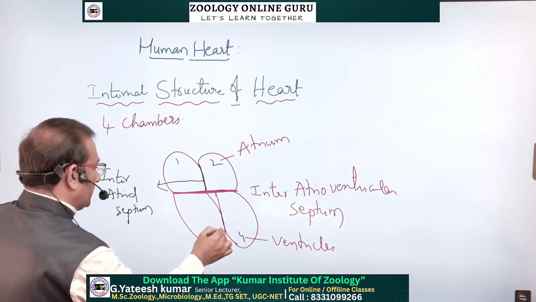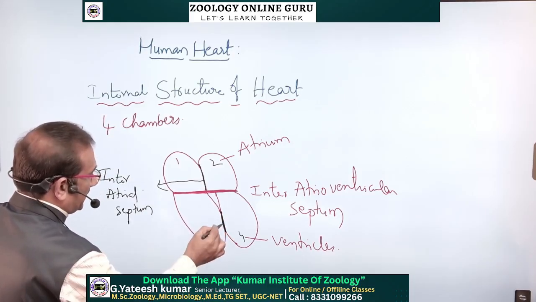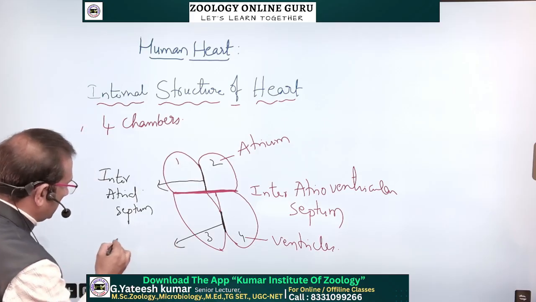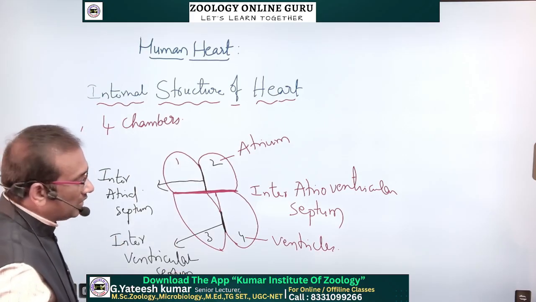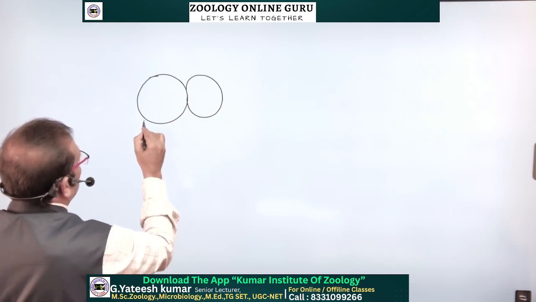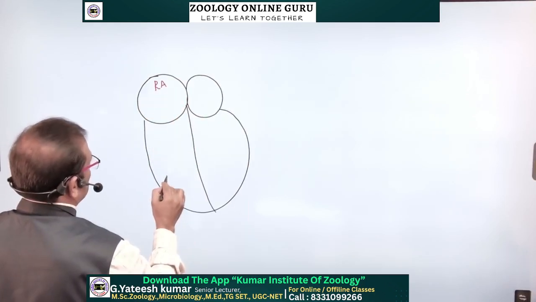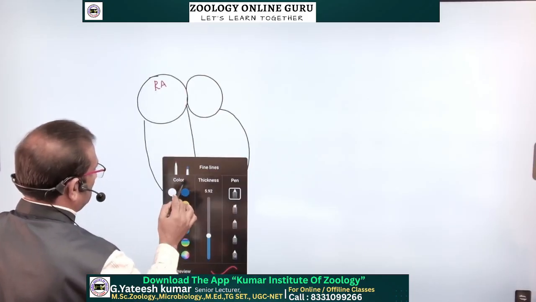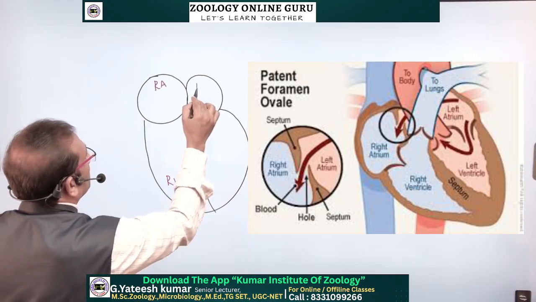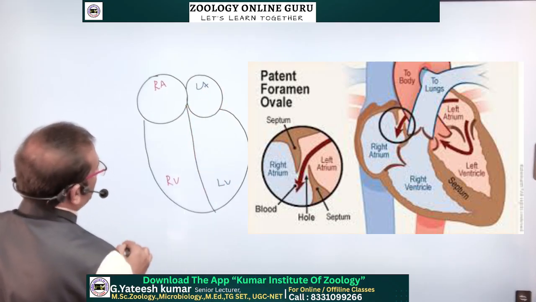And the ventricles are also internally separated by a layer. This is called the interventricular septum. This is the right atrium, this is the right ventricle, whereas this is the left atrium and left ventricle.